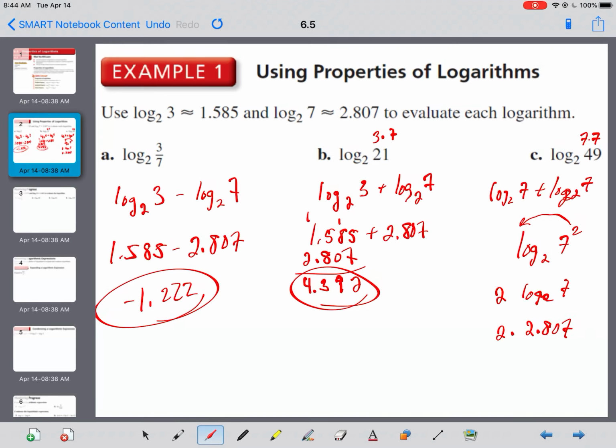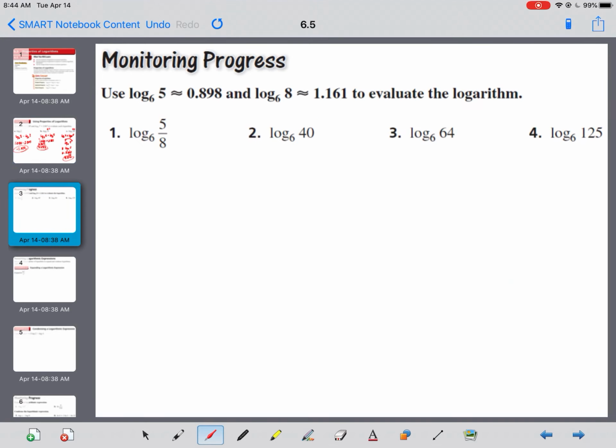So it's 2 times 2.807. And then we just have to multiply it by 2 or add it to itself. That's what multiply by 2 is. So 2 times 7 is 14. 2 times 0 is 0. Plus 1 is 1. 2 times 8 is 16. 2 times 2 is 4. 5.614.